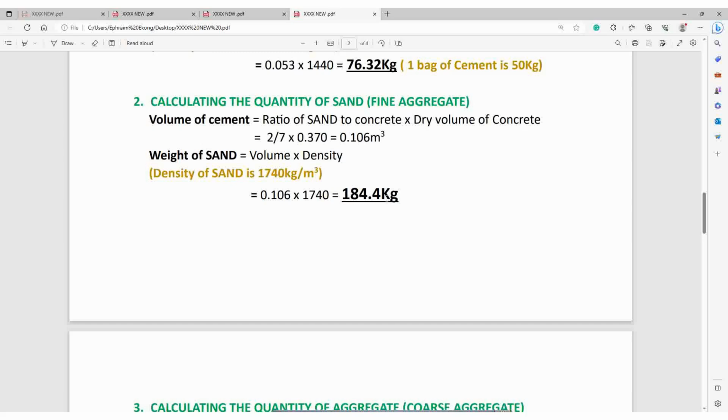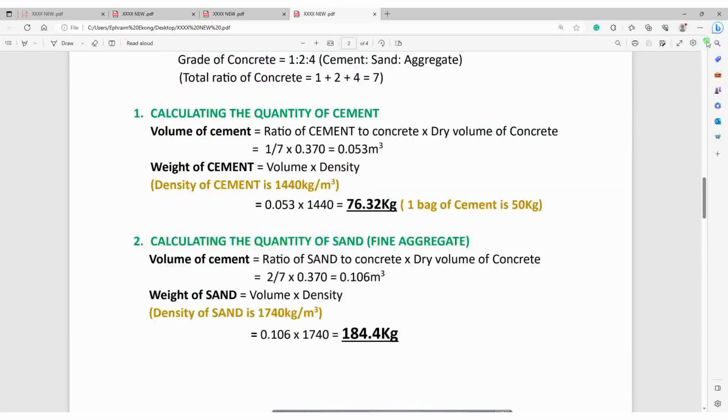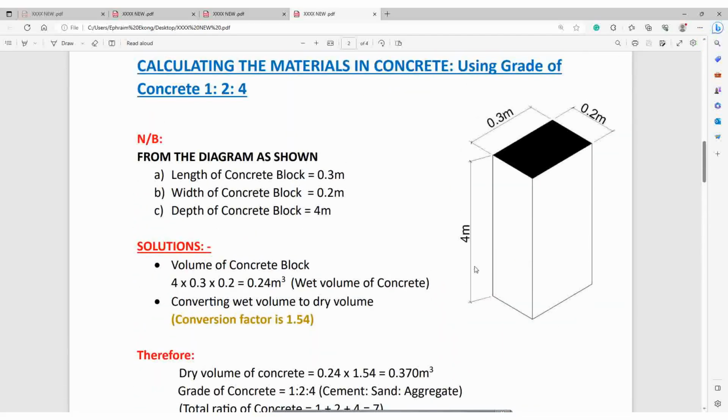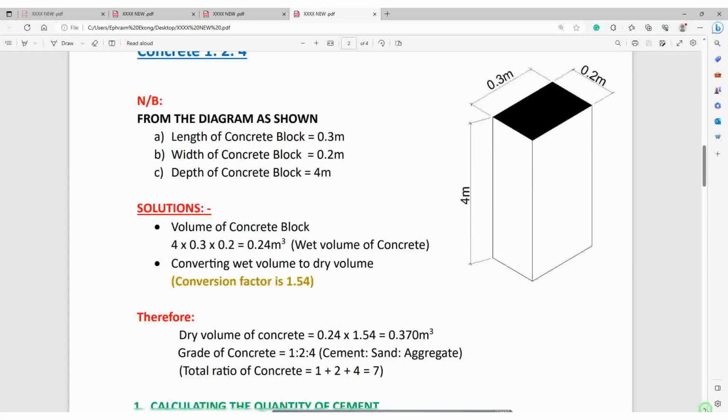So this is the quantity of fine aggregate known as sand that was used in this concrete work to produce this size of concrete block.